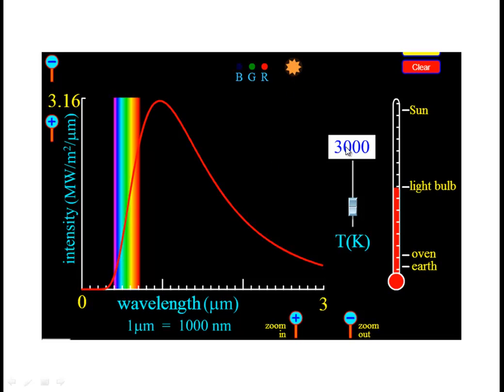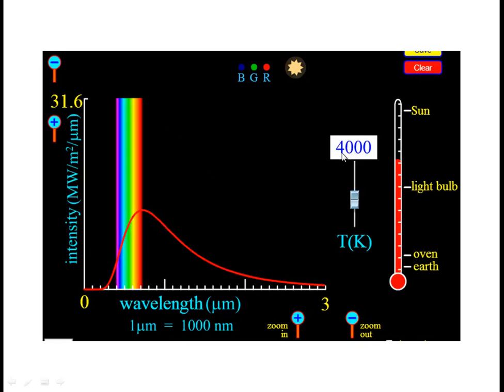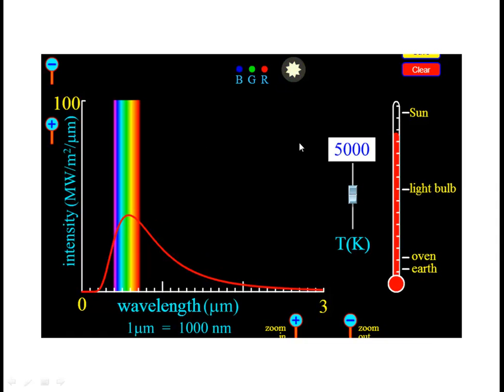If we go even higher, 4,000 degrees, now the peak is below 1,000 nanometers, and it's starting to look more yellowish. If we go to 5,000 degrees, the peak is right in the middle of the visible spectrum. You've got lots of intensity all the way across the visible, and now it's starting to look white, isn't it?